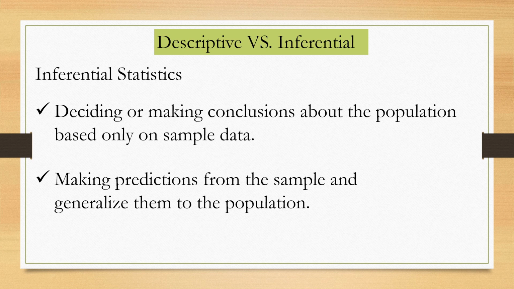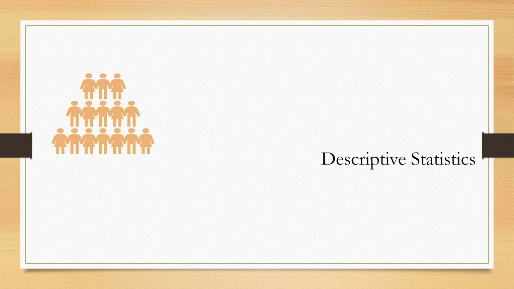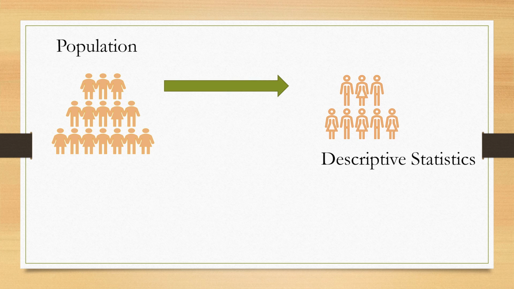The difference between descriptive statistics and inferential statistics. Let's say I have here a population. Now, if I take part of that, that is what we call a sample. If I am going to study this part of the population, I am doing descriptive statistics. So my conclusion will be based on whatever it is.